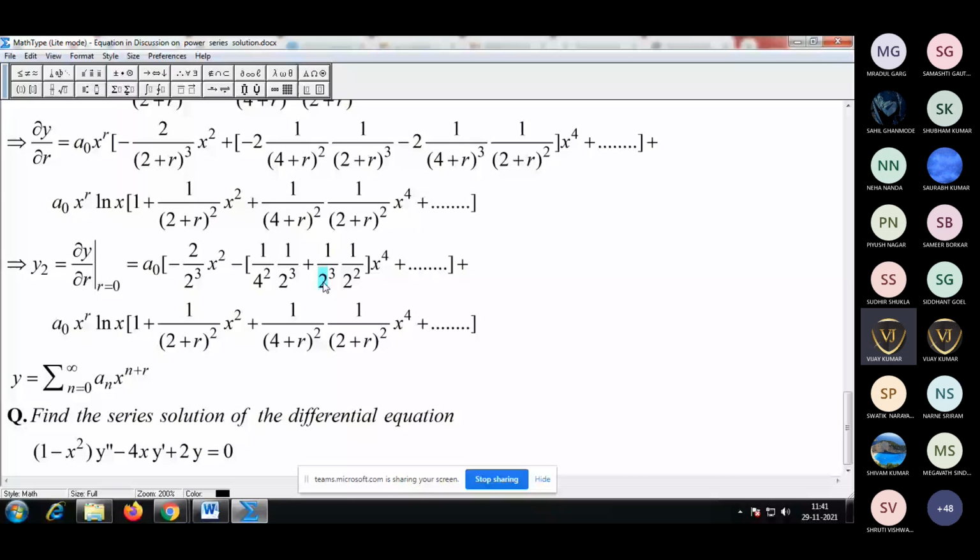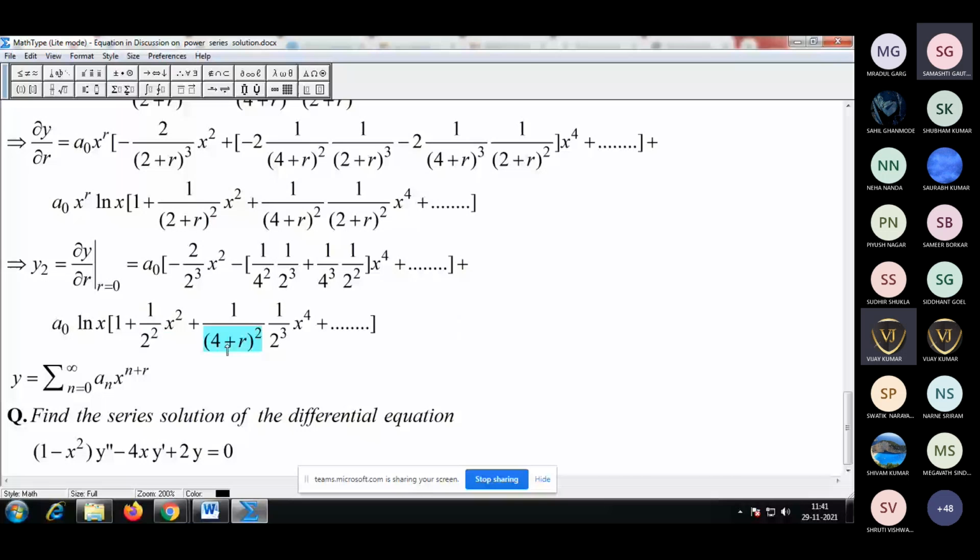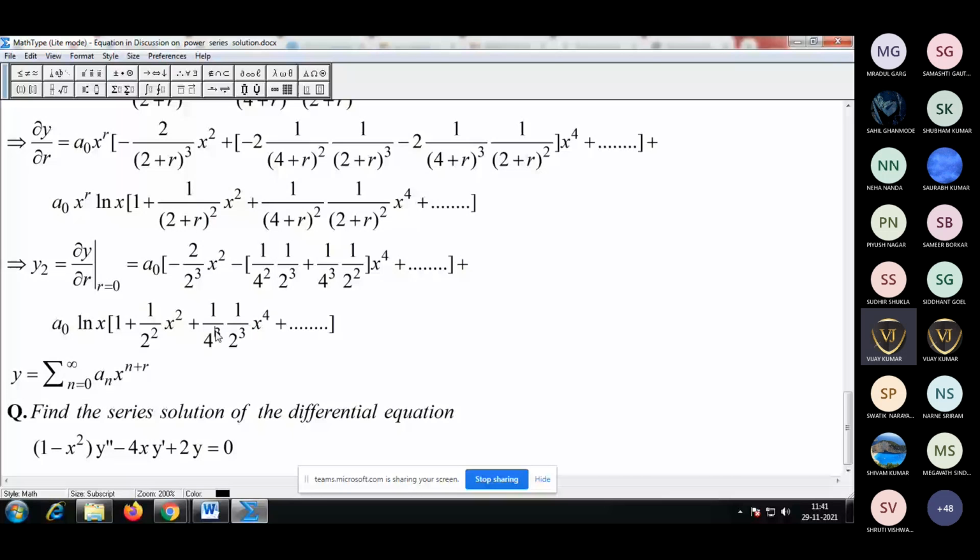Now r equal to 0 in this one, so x power 0 is 1. r is 0, it means 2 square, then here 2 square and here 4 square, and plus so on. So this is the value of y2.